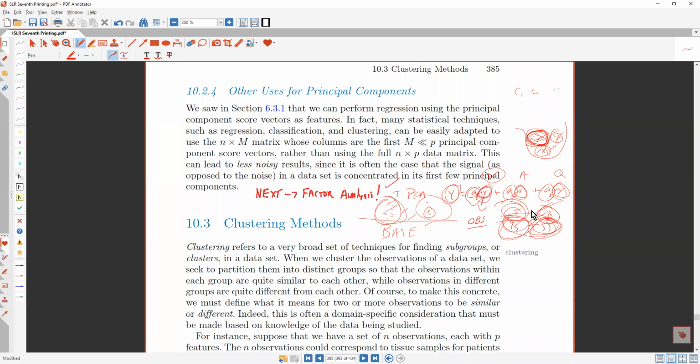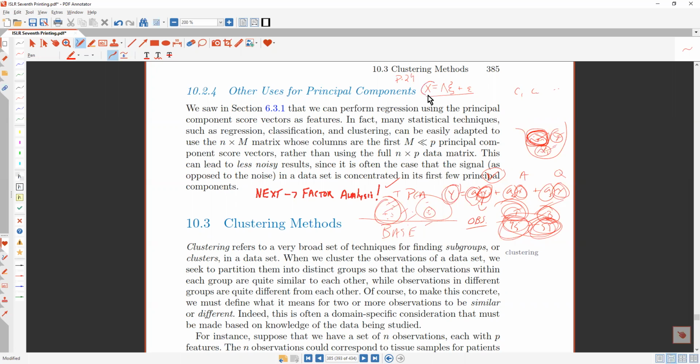What factor analysis does is it takes X, and this is coming right from Mayer on page 24, the model in Mayer on page 24. X is equal to, now this is a slightly different symbol.